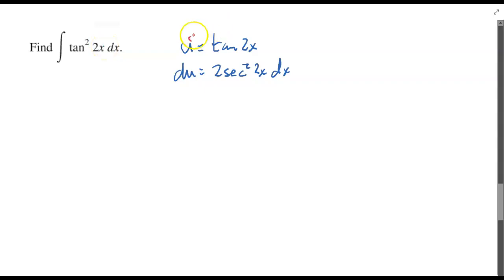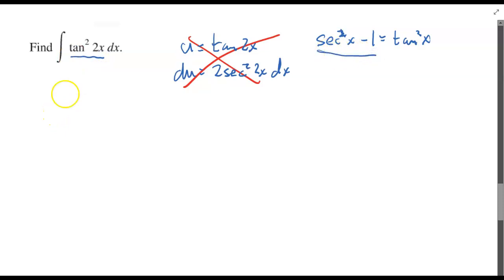So that's not going to work. Remember that secant squared x minus 1 is tangent squared. That's a Pythagorean identity, along with sine squared plus cosine squared equals 1. So I can replace this tangent squared 2x with a secant squared minus 1.